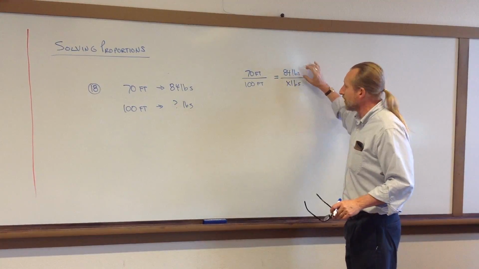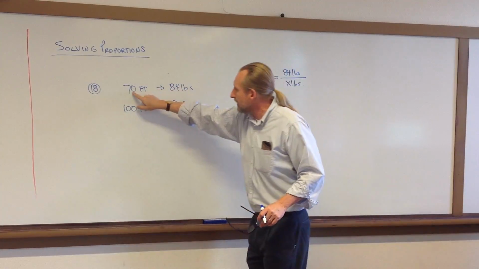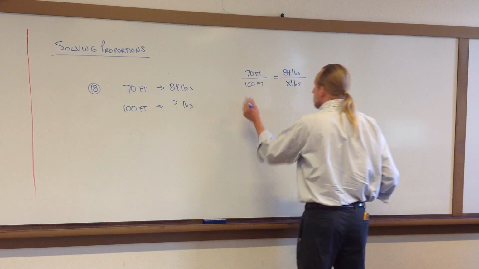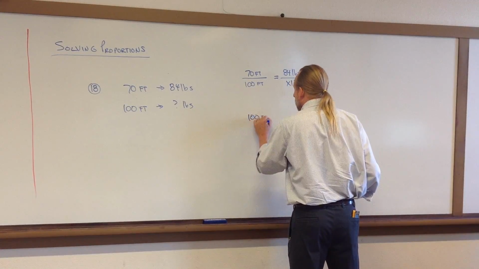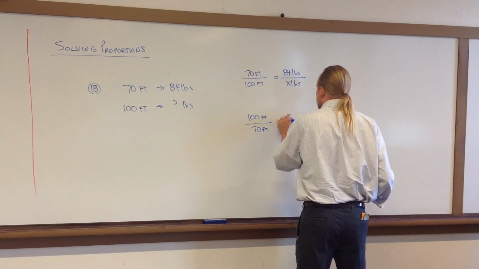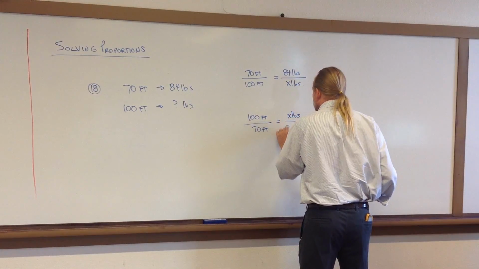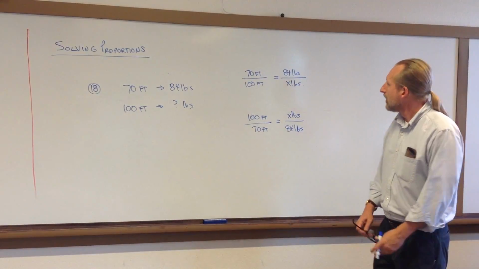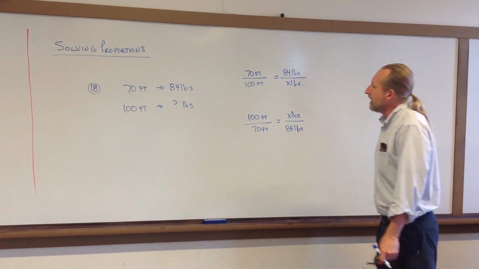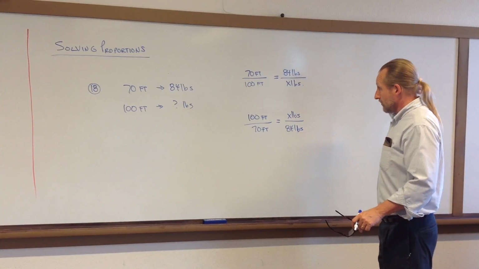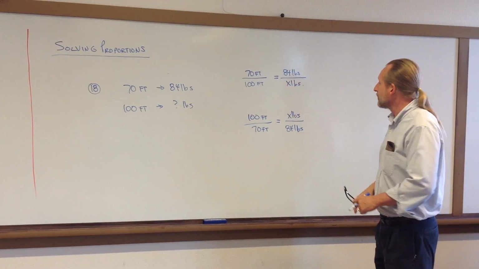That's very important, okay? If this weighs this much, then they either have to both be on top. They can both be on the bottom if you'd like, right? But wherever you put that 70, you've got to match it with the 84. Okay? So there's two different ways to set this up, and really one is just the reciprocal of the other. Okay? So these will both give us the same solution.